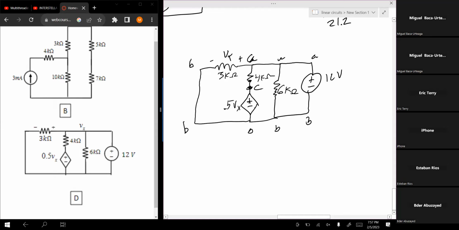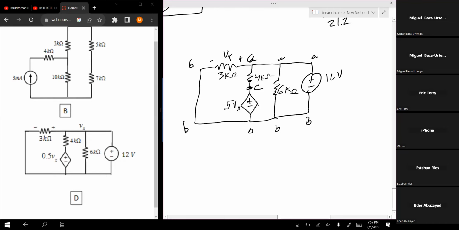Let's work through the whole thing and then I'll explain my thought process. So how can we simplify this circuit from how it is already? One of the things that may not be totally obvious is that these two resistors are in parallel, actually.